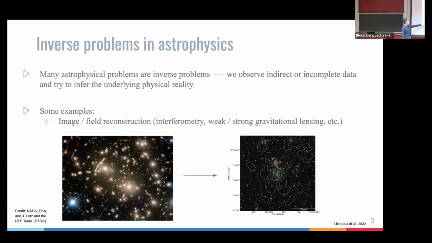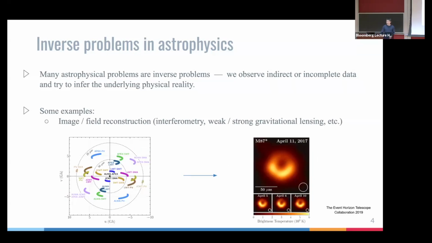To give you some examples, here I'm showing gravitational lensing. Given all these distorted galaxies, we are trying to infer the matter distribution in the lens plane. Another example is EHT image reconstruction. In interferometry, what we are really observing is the Fourier modes of the original image.